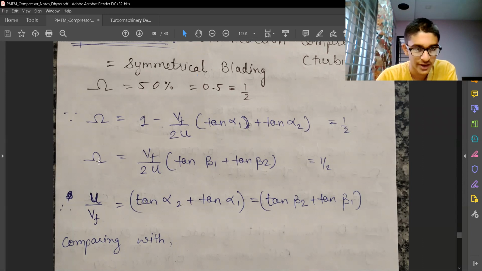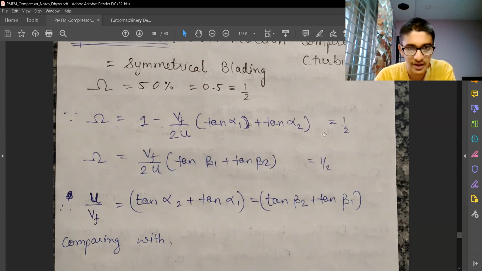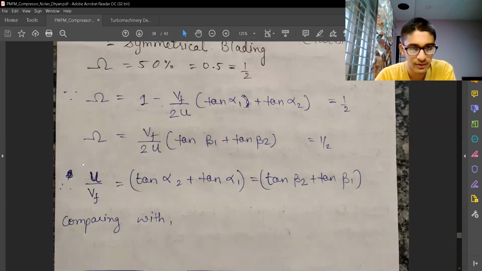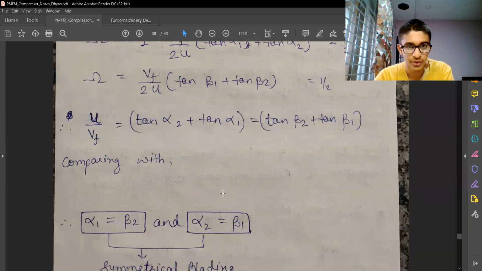Another expression for degree of reaction is this, and that is also equal to half. So we can equate these two expressions. And earlier, which I showed some time before, we had an expression of tan alpha 2 minus tan alpha 1 is equal to tan beta 2 minus tan beta 1. That came from the velocity triangle.